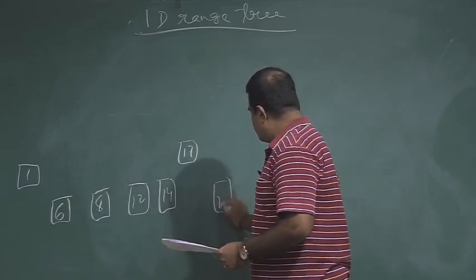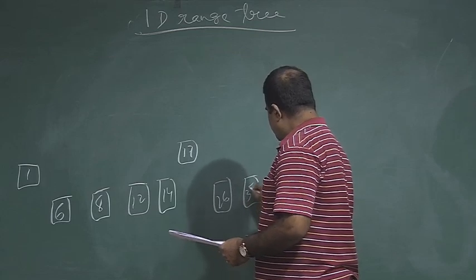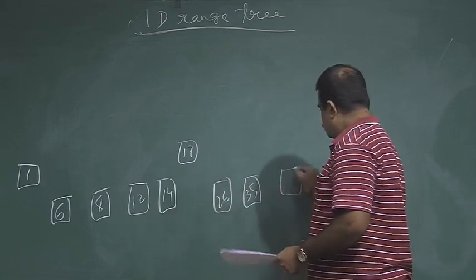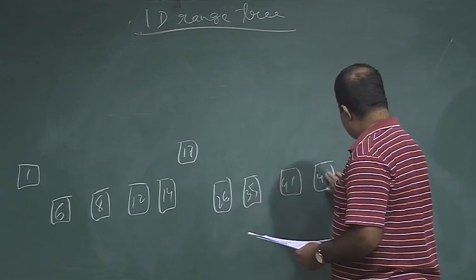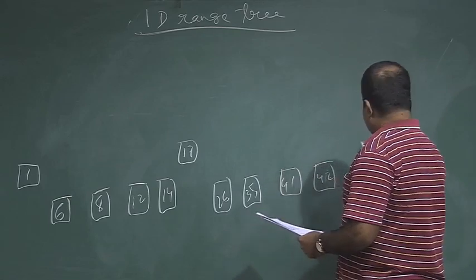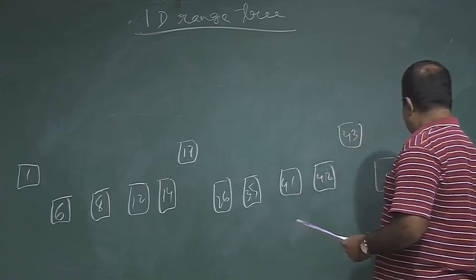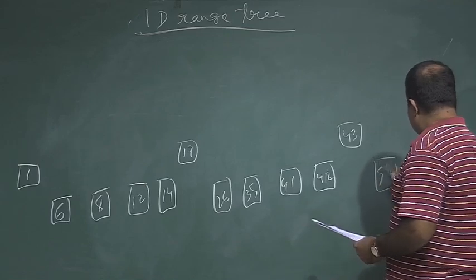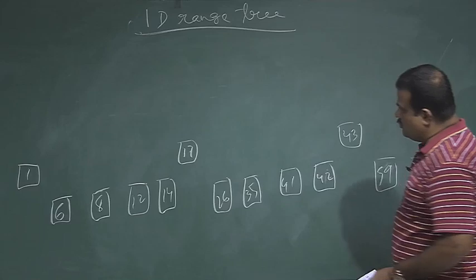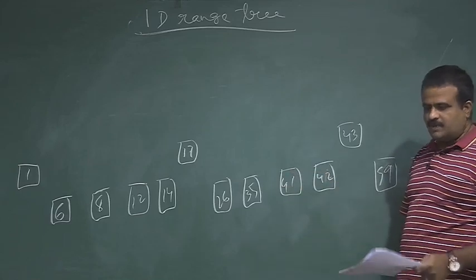We want to put everything in the leaves, so leaves contain the inputs: 41, 42, then 43, 59, 61. These are the inputs. Now we want to put this input at the leaf level and form the BST.